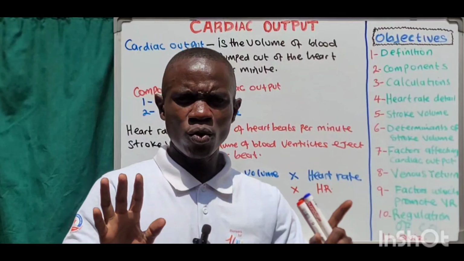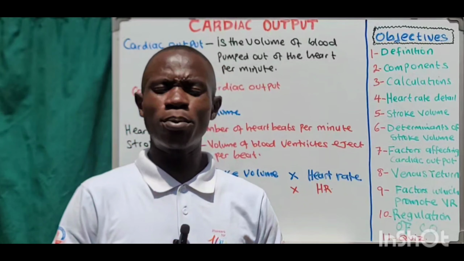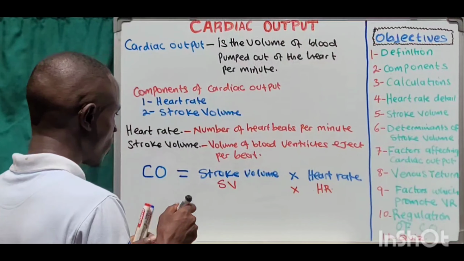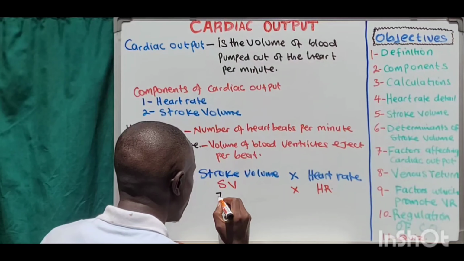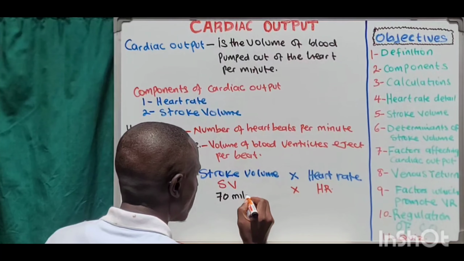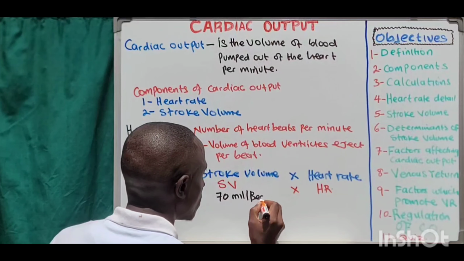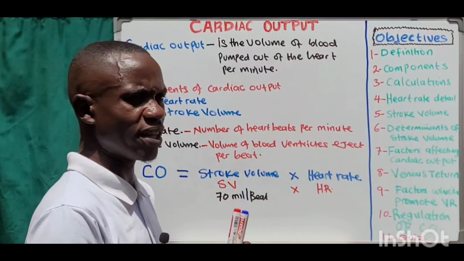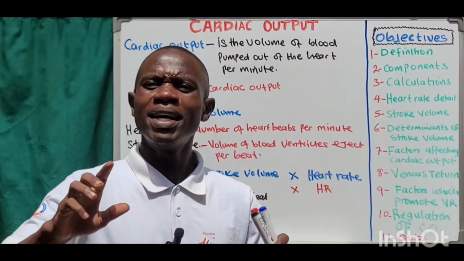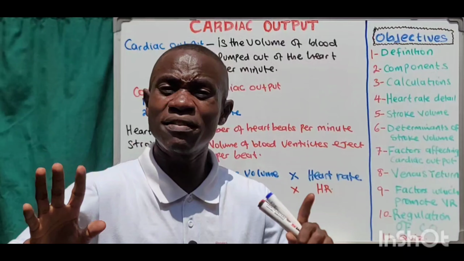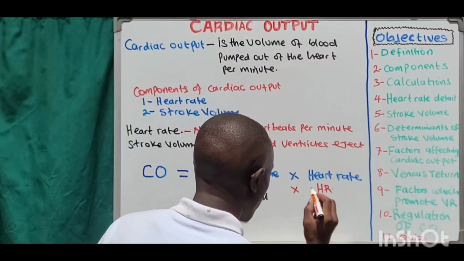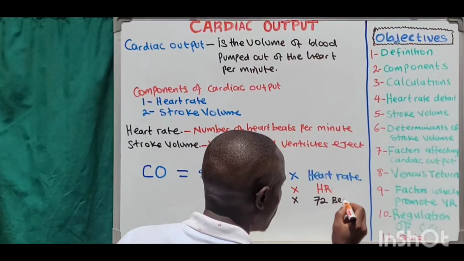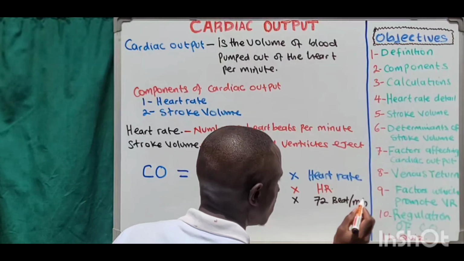On average, the ventricles can eject approximately 70 milliliters every beat. And on average, heart rate, the number of beats the heart makes in a minute, is generally around 72 beats every minute.